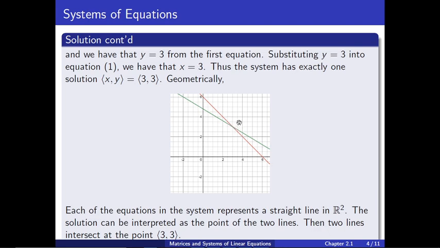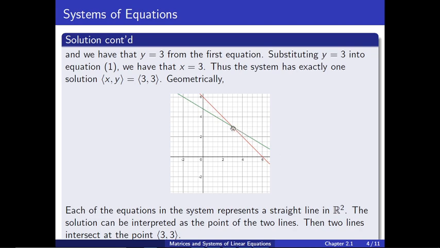And we see that these two lines meet at this point, and that is the point (3, 3), and this tells us that this will be the solution to our system. Why? Because it is the point where these two lines meet. In other words, that point is where the two equations are satisfied simultaneously.